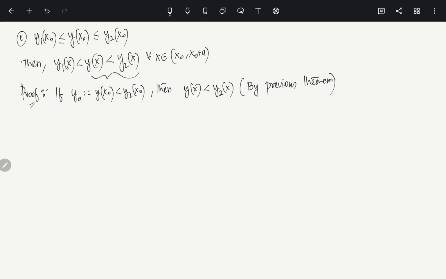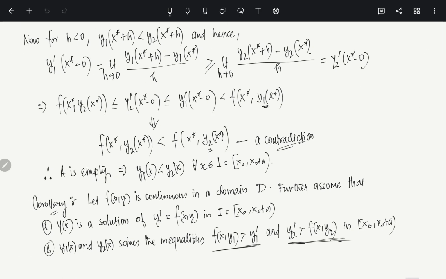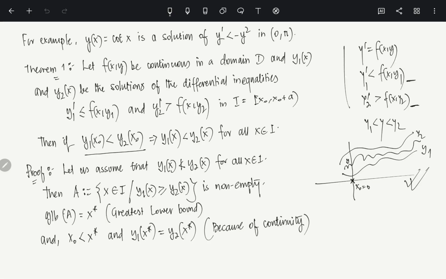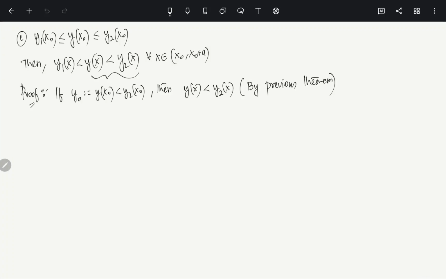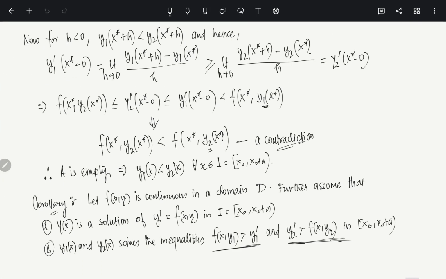Yes. So essentially you can see the previous theorem, what does it say? It says that one strict inequality and one less than or equal to is fine, and if you are starting out with some difference, then the difference persists everywhere. Okay, strict difference. Here also both are strict inequalities, right?